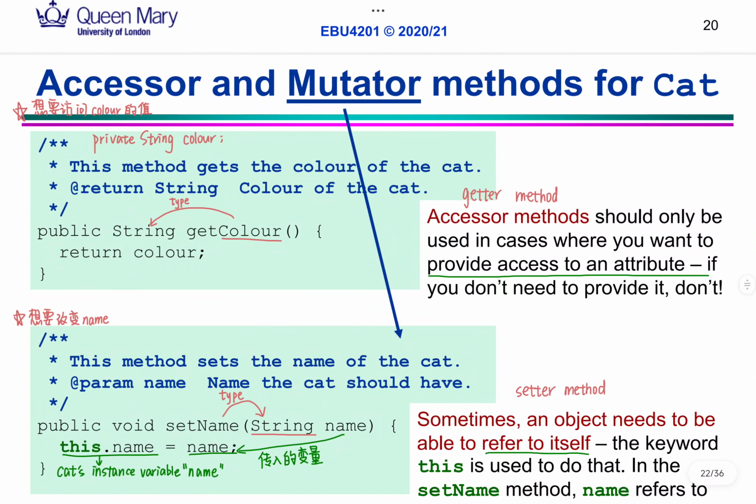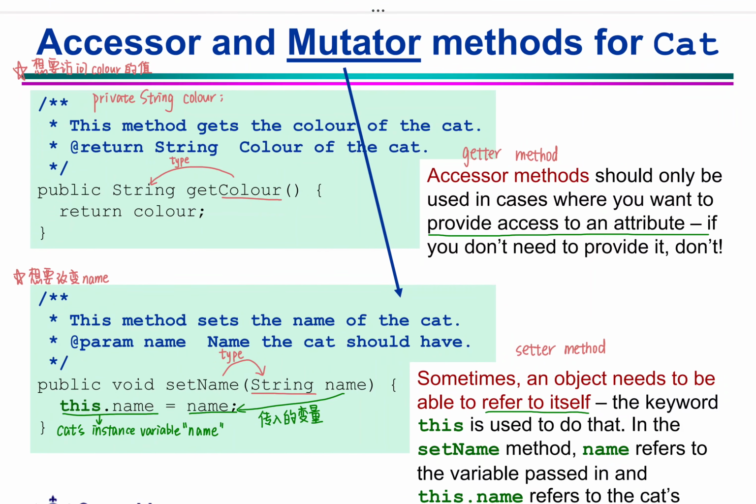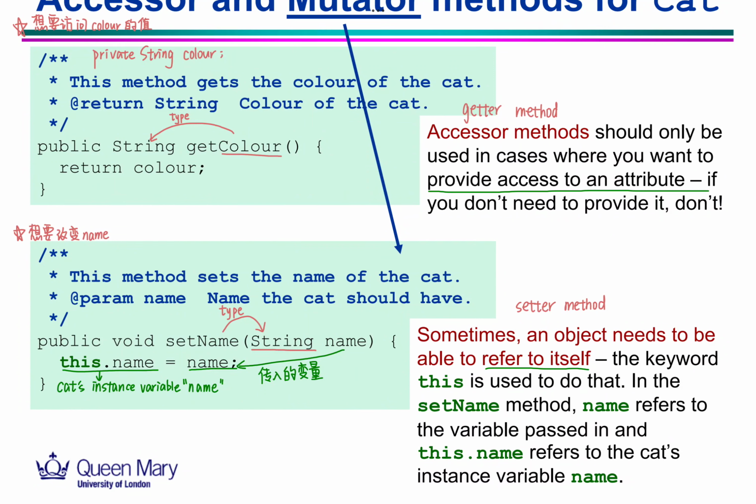Accessor means getter. Mutator means setter. Accessor methods should only be used in cases where you want to provide access to an attribute. If you don't need to provide it, don't.